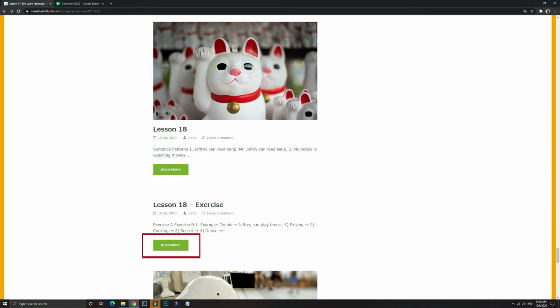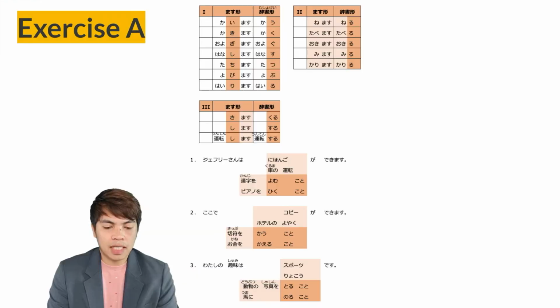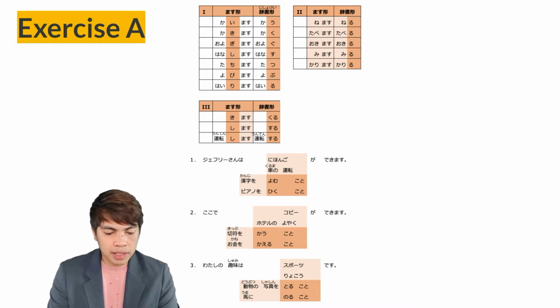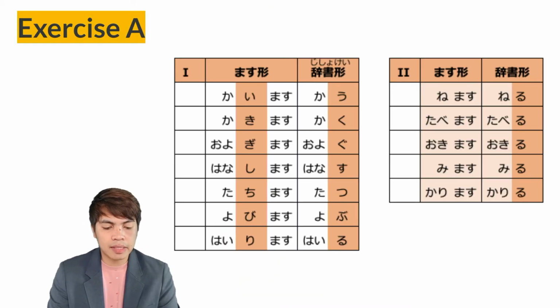So now for the lesson 18 exercise A, I will read the sentences and please repeat after me. Now we will start from this table, the dictionary form of the verbs. As I mentioned earlier, I already made a video on how to conjugate the verbs from masu form to the dictionary form. So now let's review.